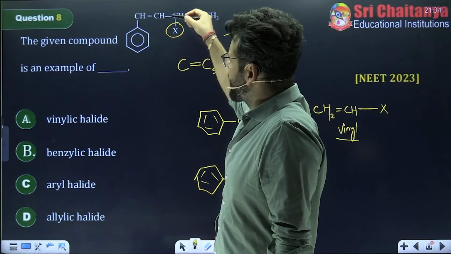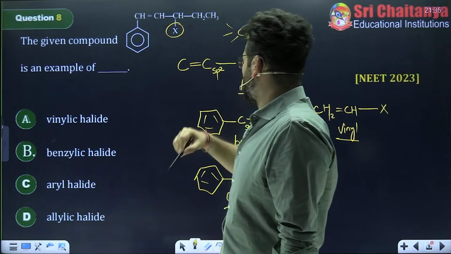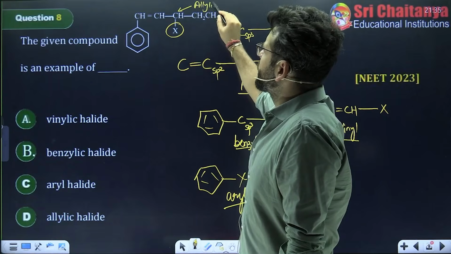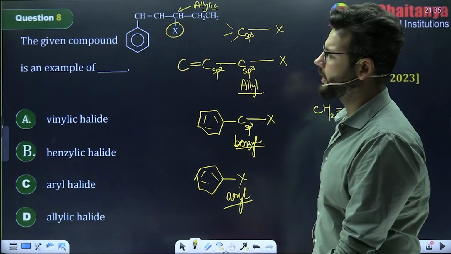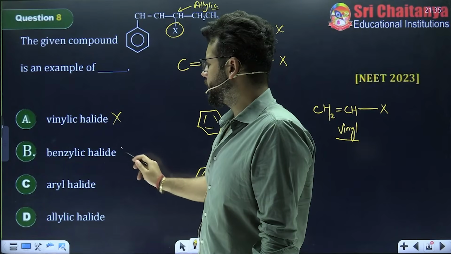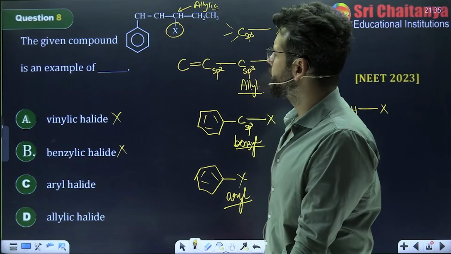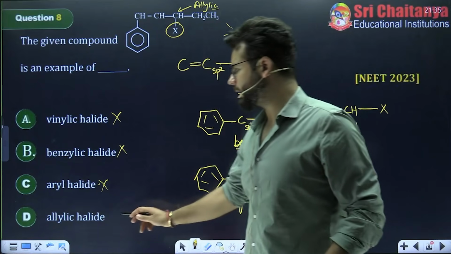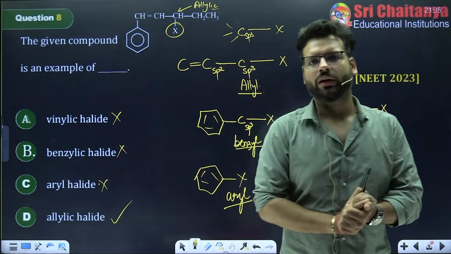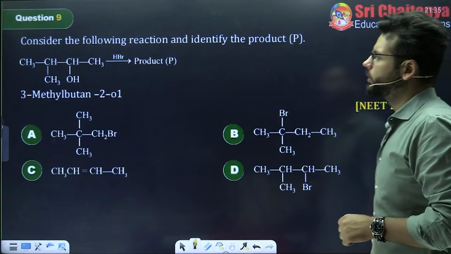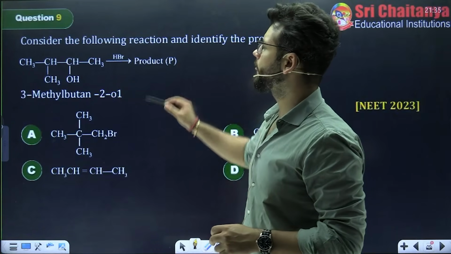Next to it there is a double bond, so this is the allylic position. So it's an allylic secondary halide. Vinylic, no. Benzylic, no. It's not on the benzylic carbon. Arylic, no. It is not directly attached to the benzene ring. It is an allylic halide. Okay, so this is how we can remember the different types of classification of halides.